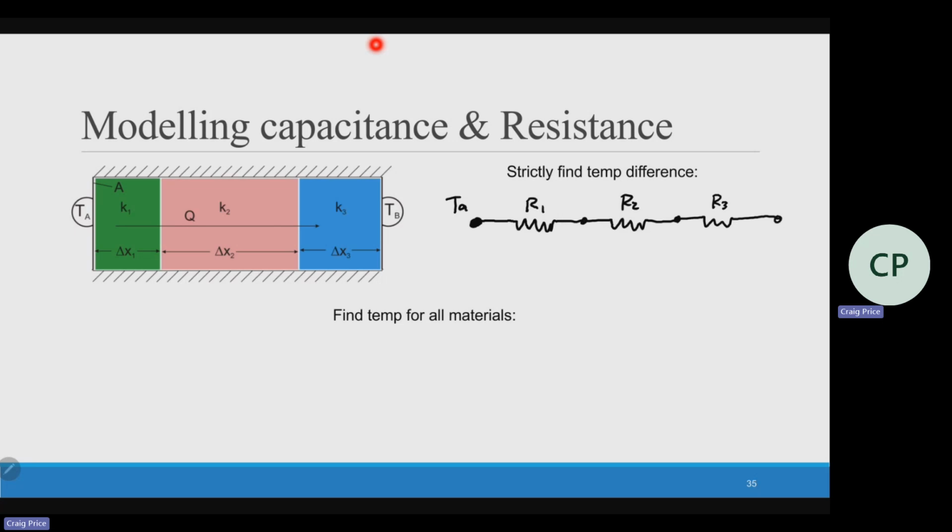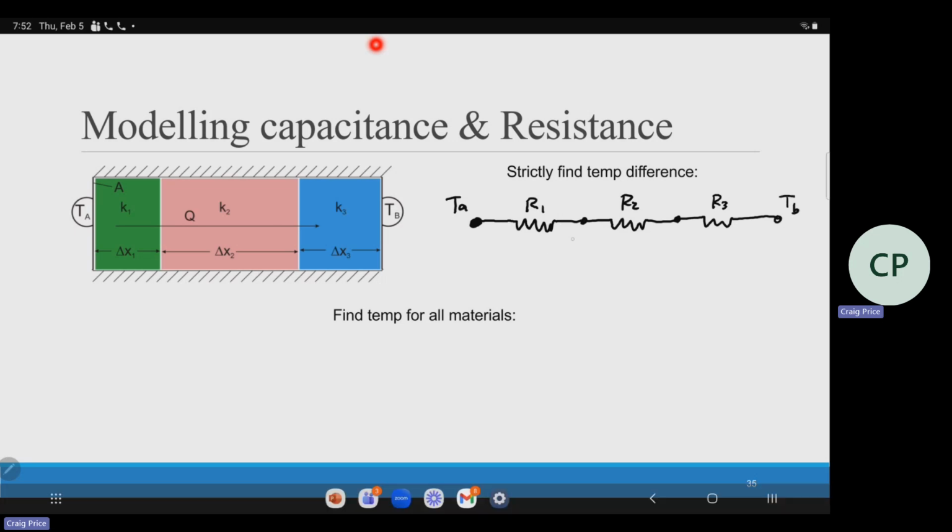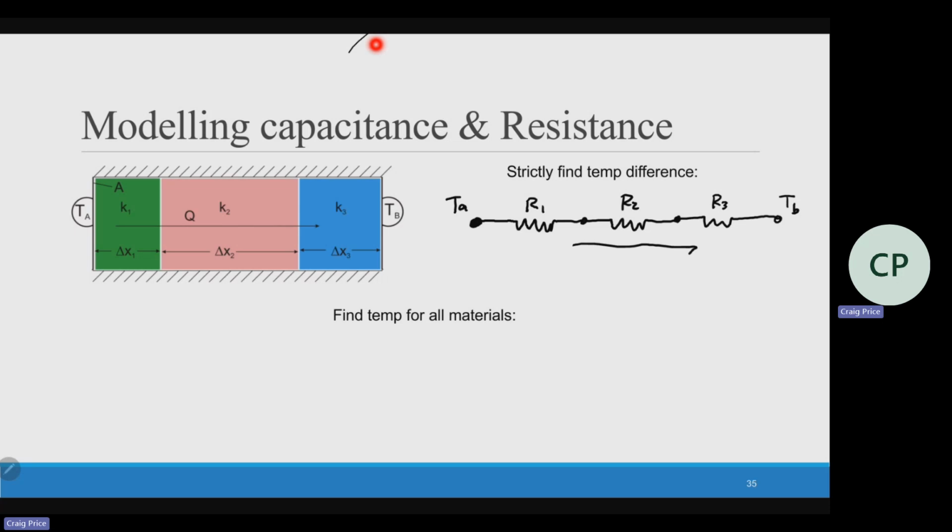So I've got my outside temperature, my inside temperature, and then we can find the heat flow going from one to the other. I could figure out all these different resistances, because for R1, that would be X1, the thickness, over its conductivity times the area, where all three of these should have the same area.